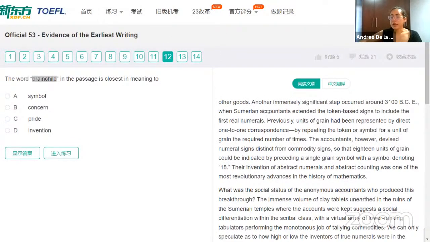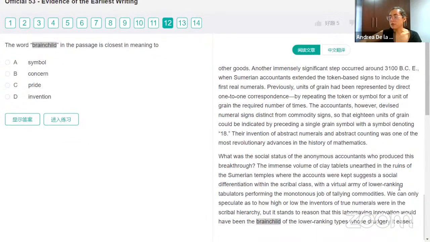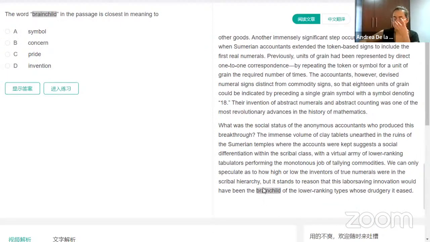The word brainchild in the passage is closest in meaning to. Aquí está brainchild.